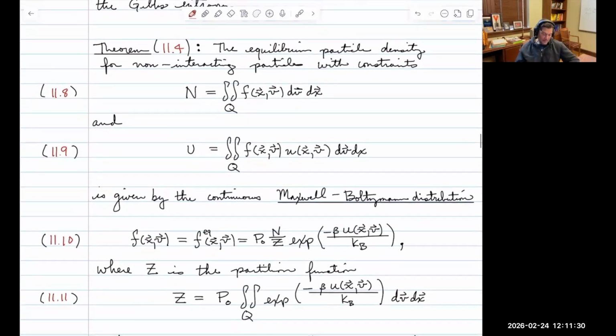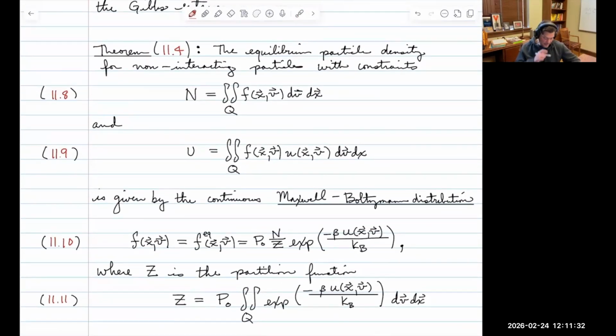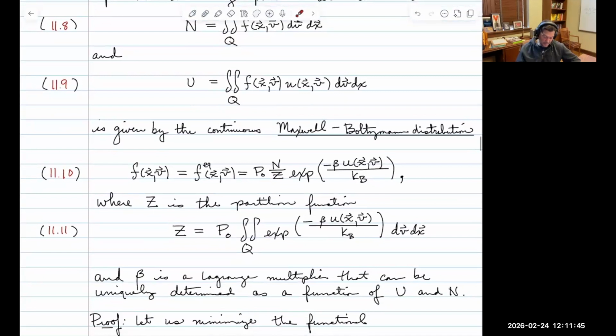The equilibrium particle density for non-interacting particles, with the constraints that the total number of particles must be fixed at N and the total energy must be fixed at U, is given by the so-called continuous Maxwell-Boltzmann distribution. Okay, so look at the form of this and see how it corresponds to the form that we had previously for the discrete, or quantized, energy case.